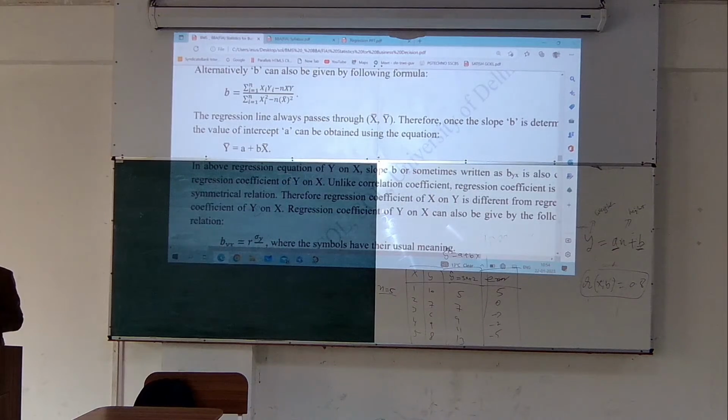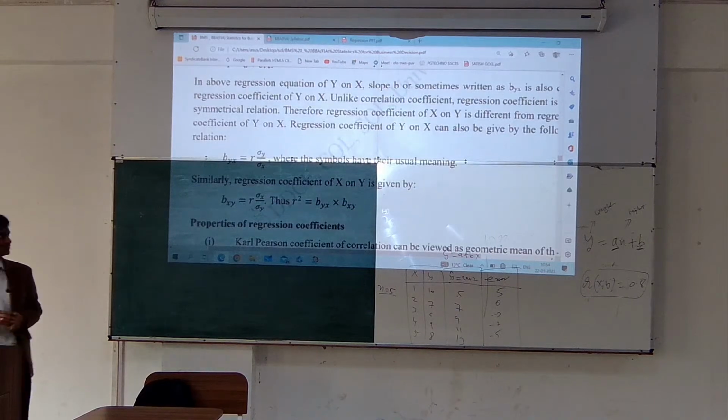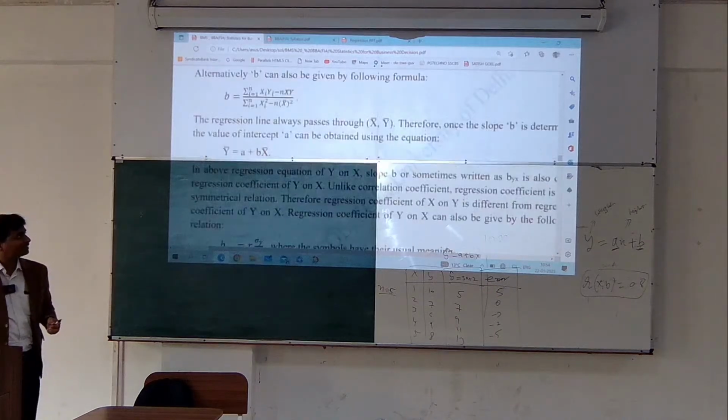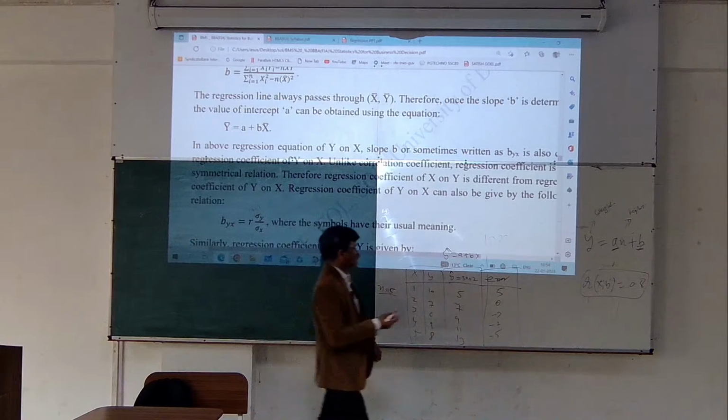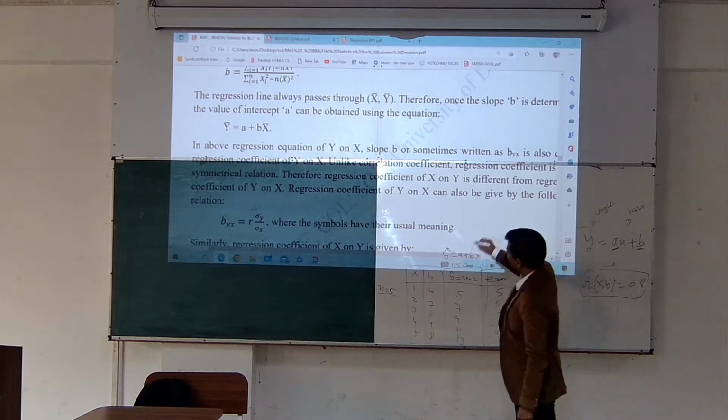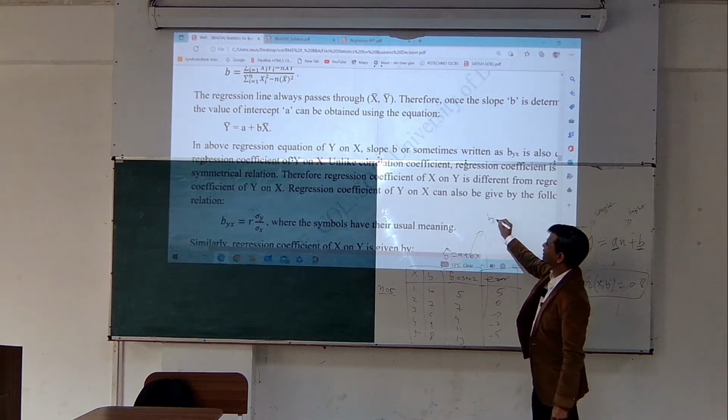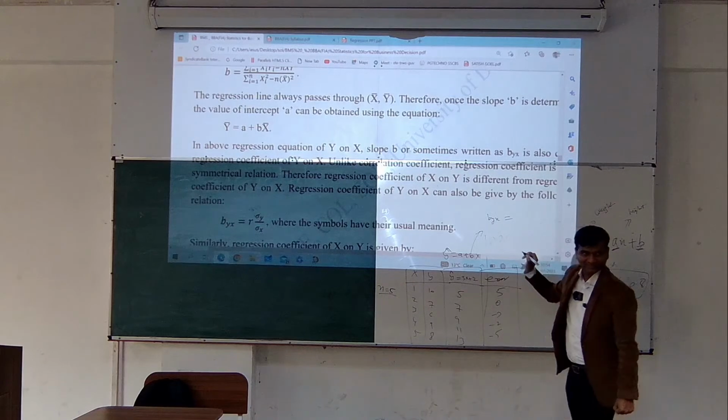So you can determine the relationship with the help of the least square formula, a and b under all these assumptions, and finally this relationship, or you can see this formula, basically y = a + bx. This b is basically called byx.